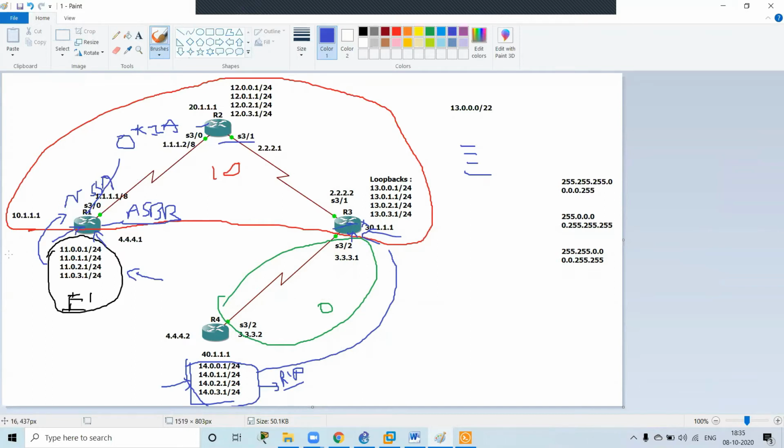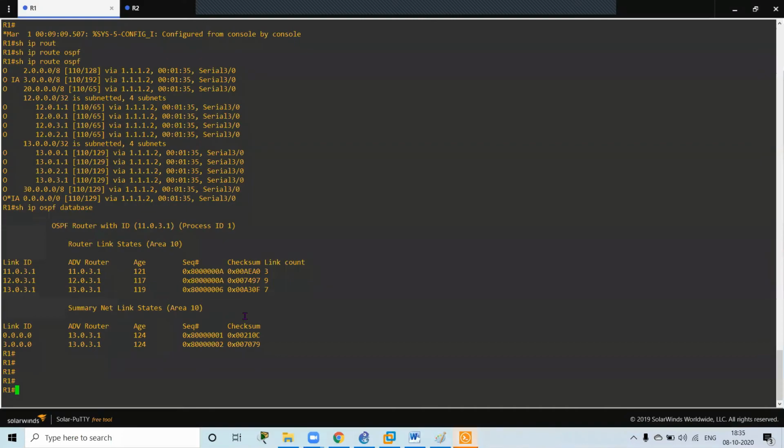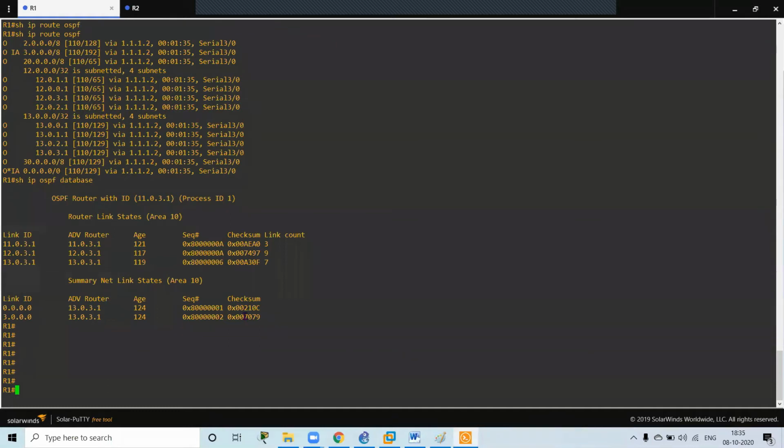You will not see these routes in any of the routers. If I make it as NSSA, then these routes will be shared till here as LSA7. Just see it practically. Then after that, if you have any confusion, I will just explain you again.